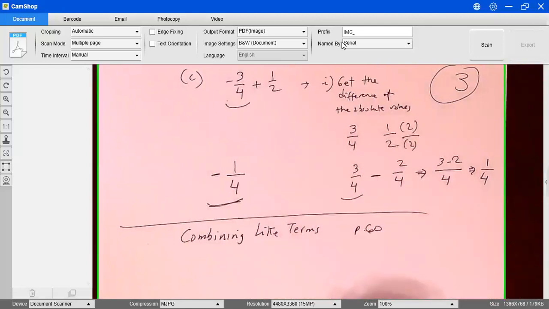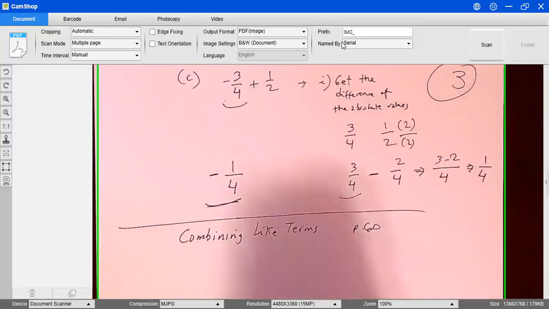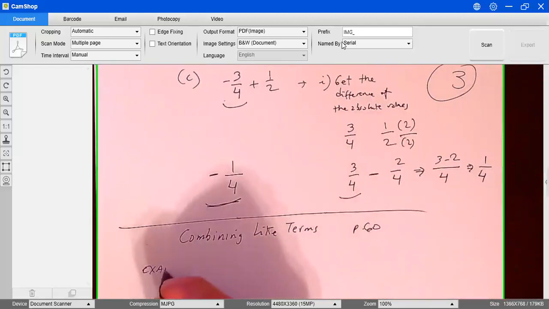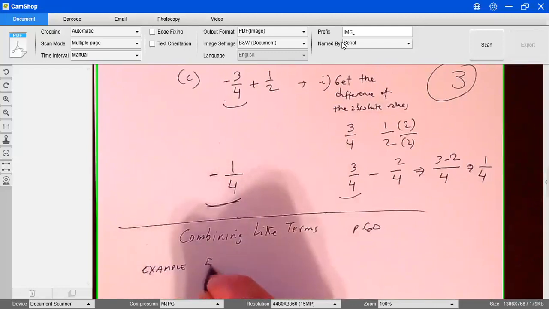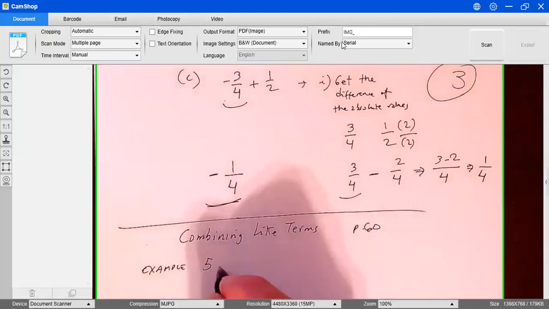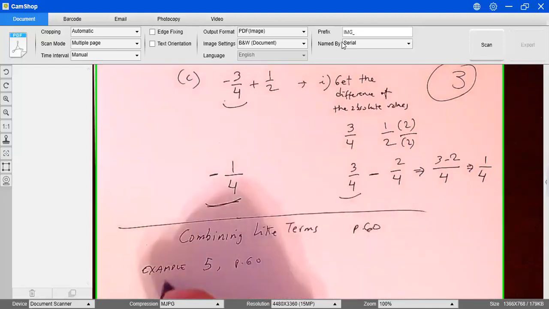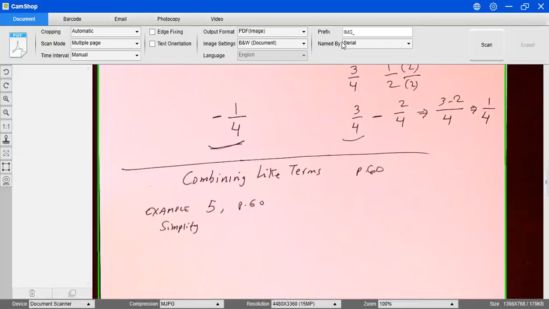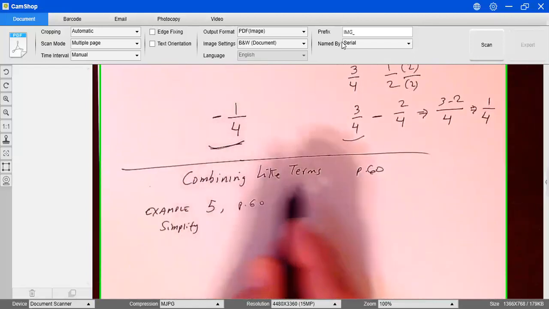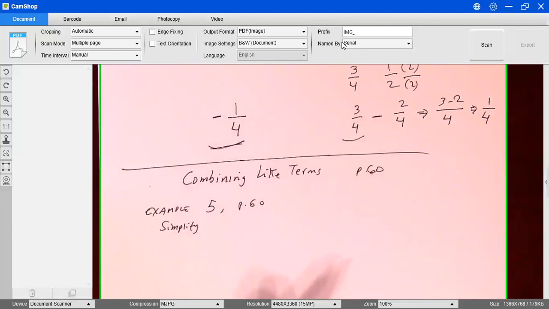So we have examples. We have example 5. So we just need to simplify an algebraic expression. So combining like terms is just performing the addition of like terms.